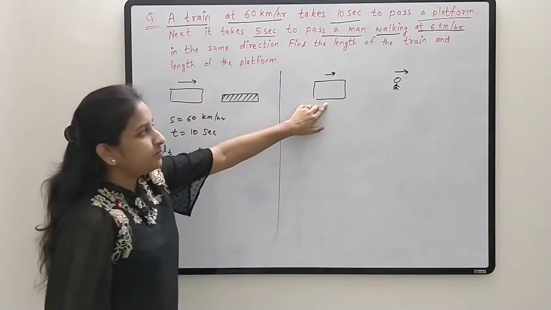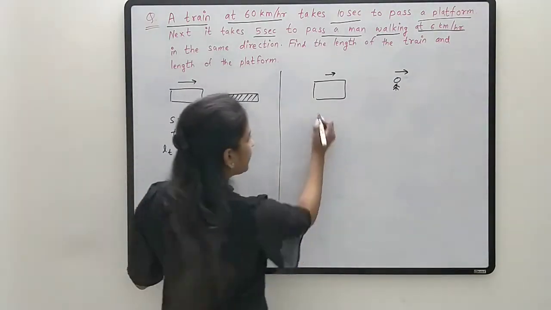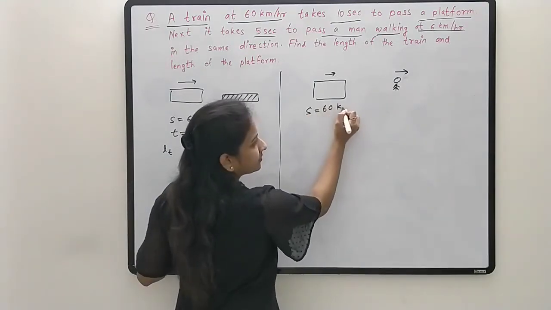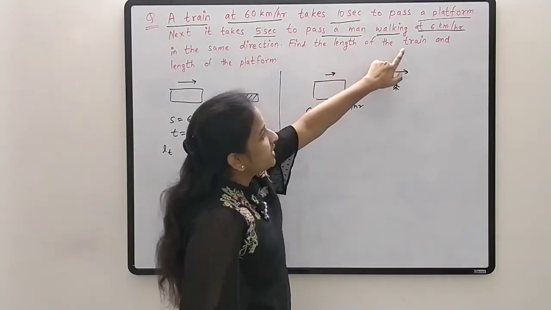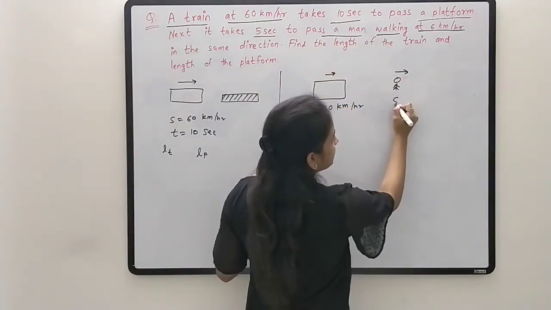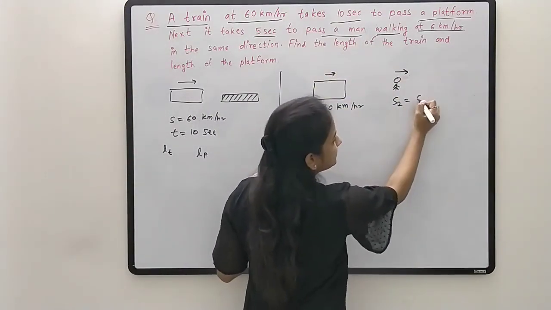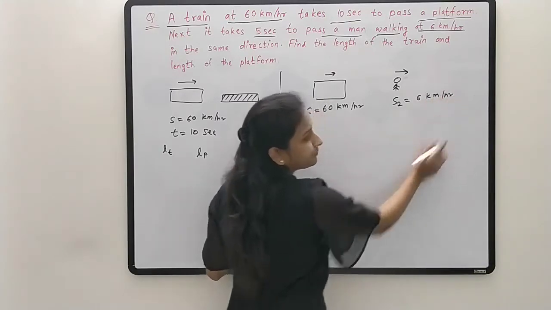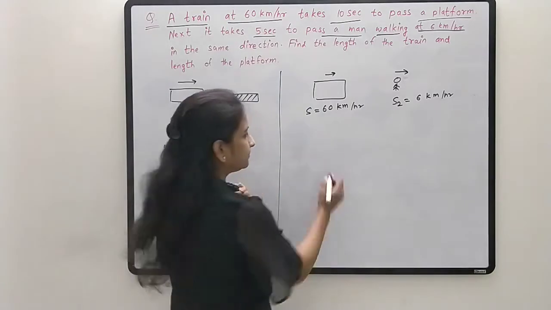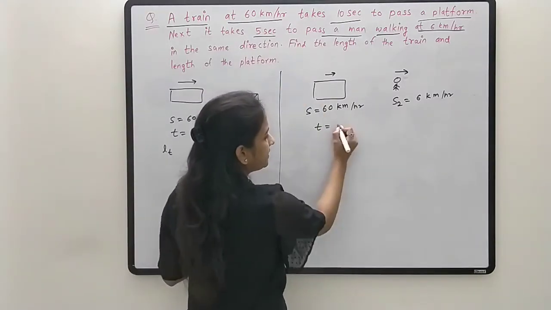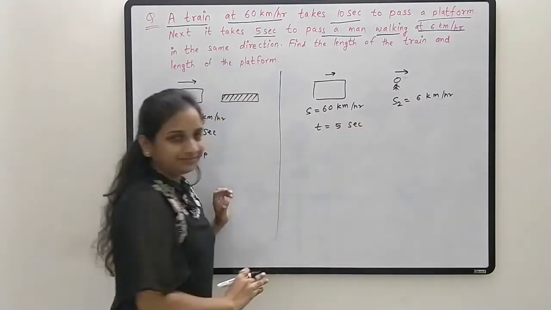The speed of the train is 60 km per hour, and the man is walking at 6 km per hour. Speed of man, say S2, is 6 km per hour. And it takes 5 seconds to pass the man. So the time taken by this train is 5 seconds.